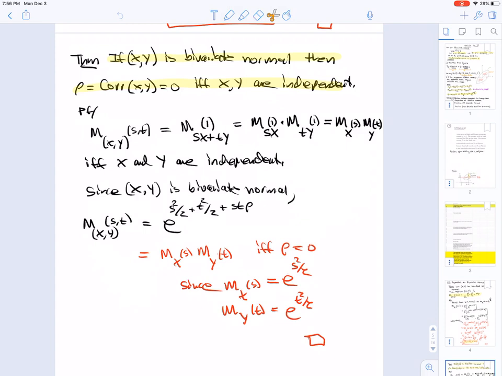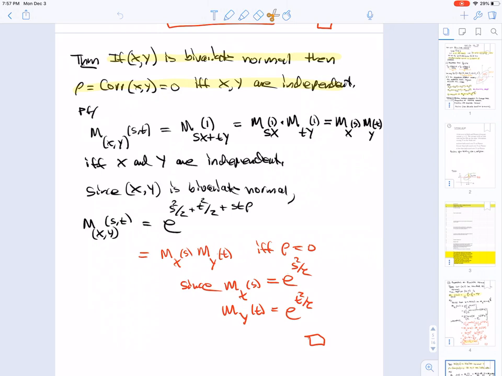So we write out the bivariate, the multivariate moment generating function, M of (X, Y) at (s, t), and we can write this as the moment generating function of sX plus tY.